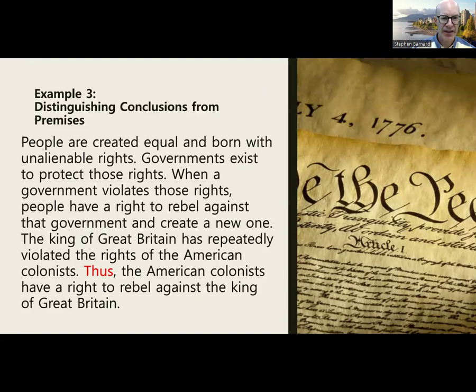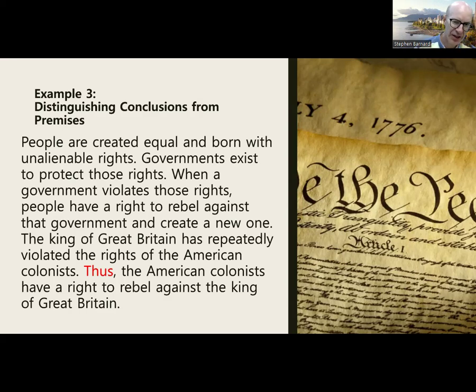By the way, the purpose of these premises is to lead the reader through until they get to a conclusion which they might not have agreed with beforehand. You'll notice that the premises here are ones that people would probably be inclined to agree with.